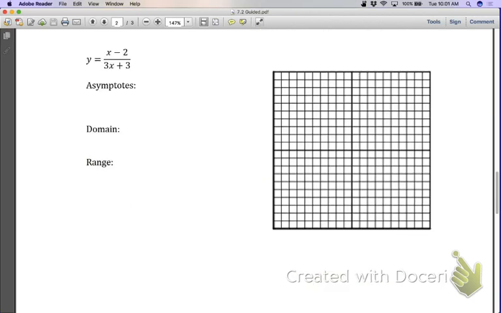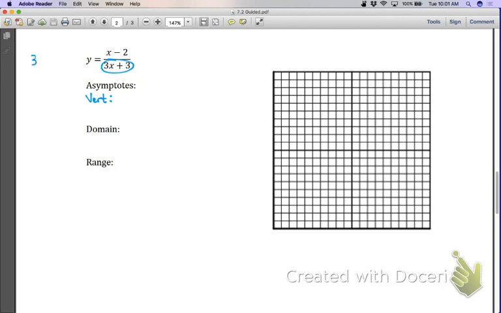On your second example, okay, what's my restriction? What can x not be? Okay, so if I have 3x plus 3, first thing I'm going to do for my vertical asymptote, okay, so what can x not be?